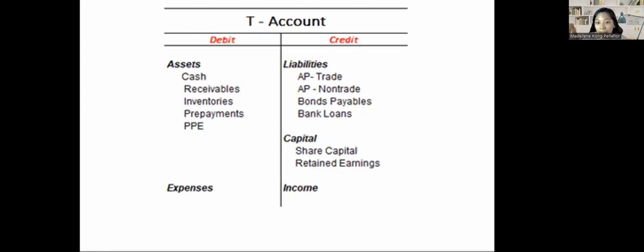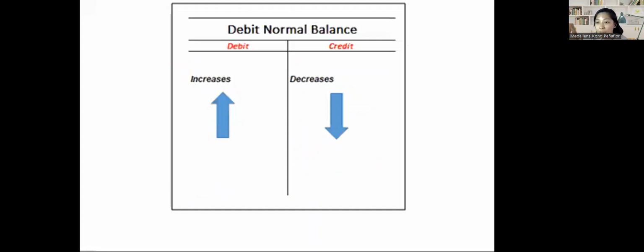I will show you another picture here, this one. I hope you can see this on your screen. The normal accounting balance is the key to making the accounts correct. I will go back to the first illustration.